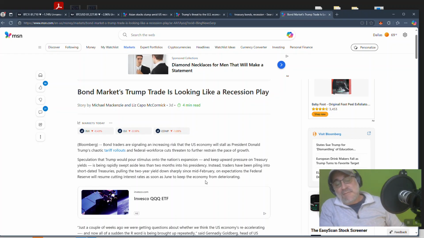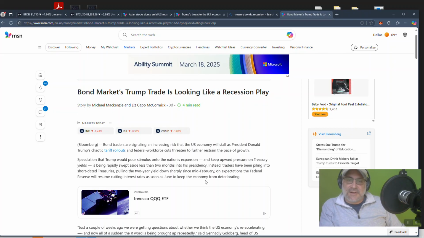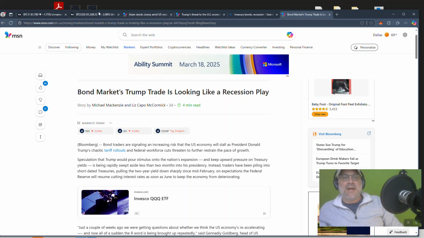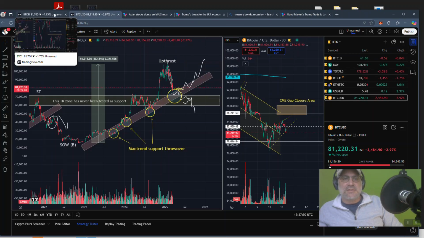Well, the converse is true. When things are looking too good, they'll sell the bonds to the banks, and the banks will buy them. And so there's all the liquidity going into the Federal Reserve, and money is scarce. And so supply and demand takes over.